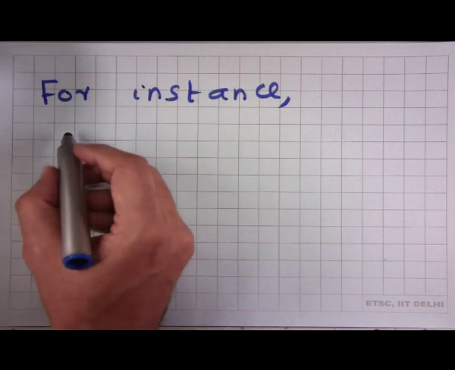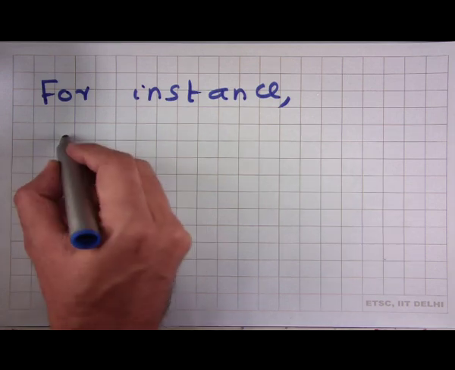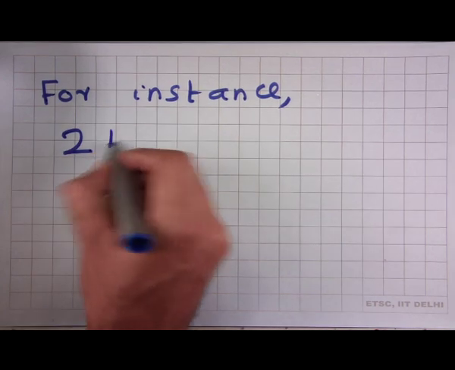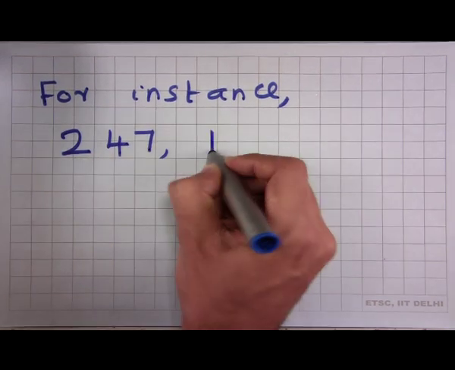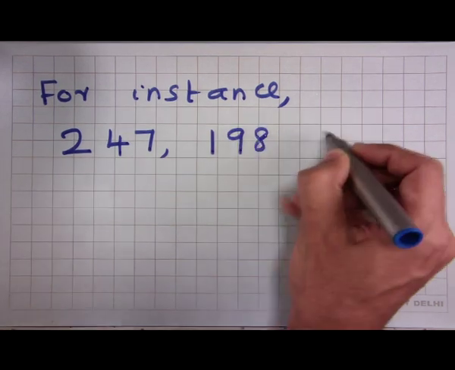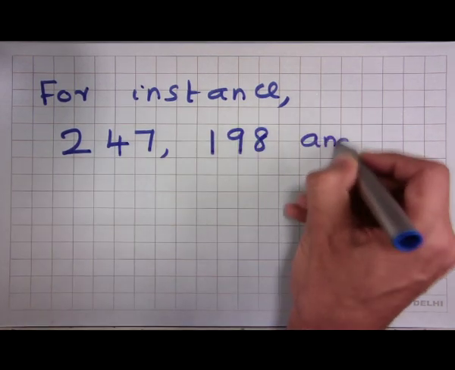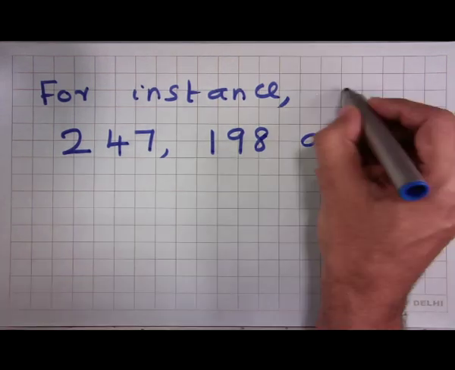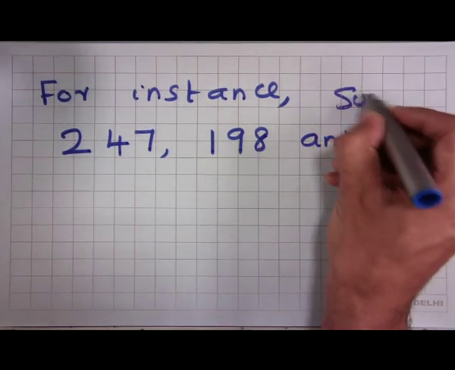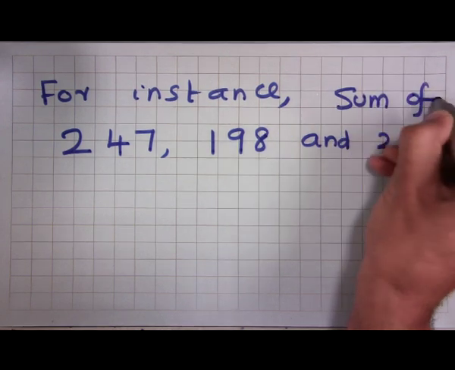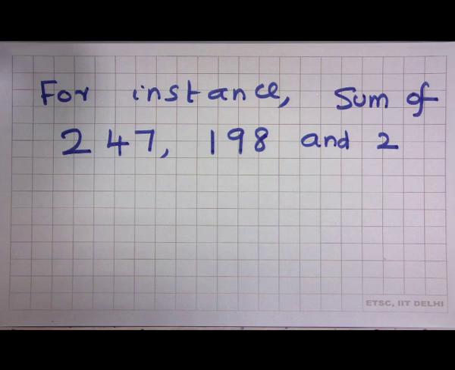For instance, if we are asked to find the sum of say 247, 198 and 2, as we observed previously, we can add them in 6 different orders.